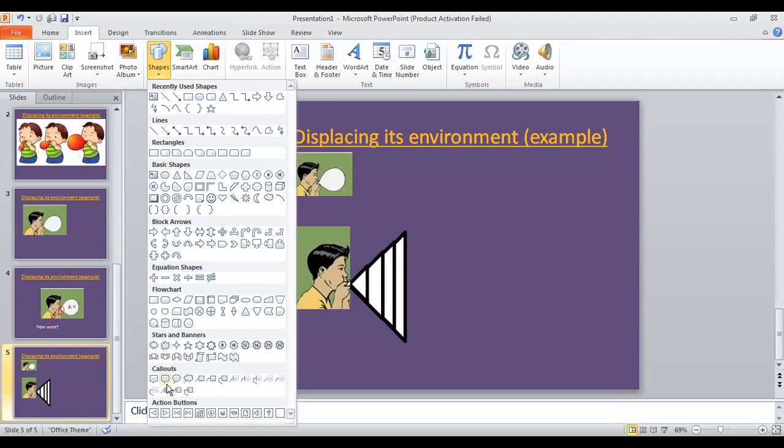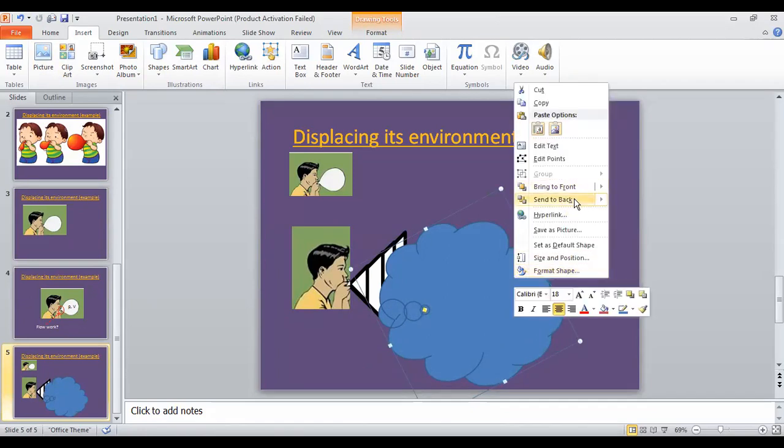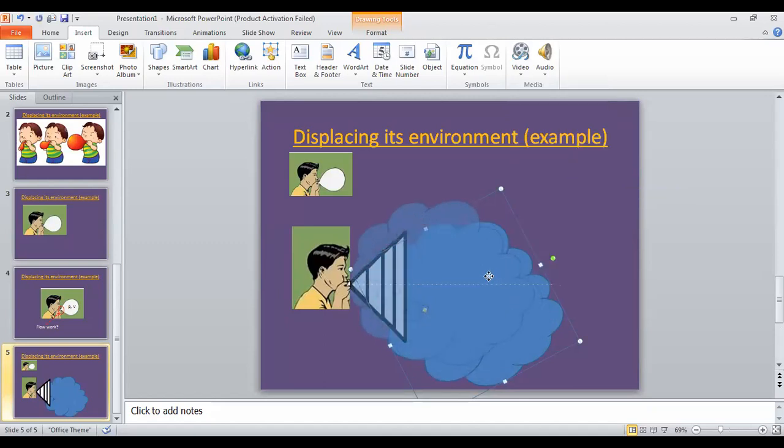Obviously, you can notice it. This is the surround.